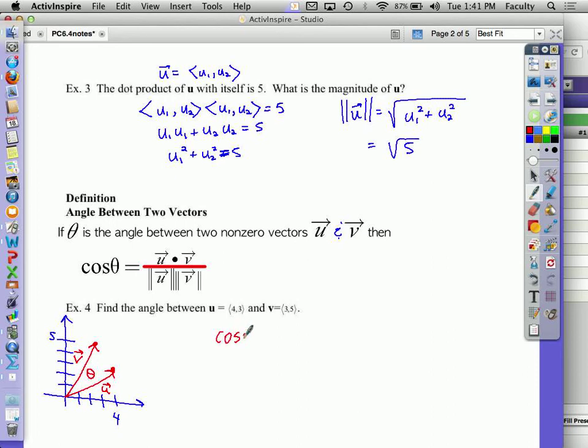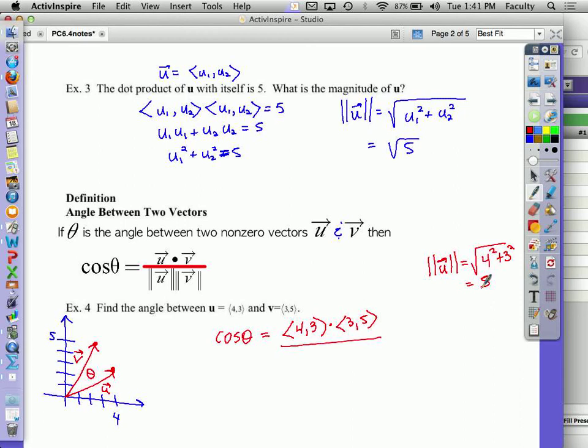So the cosine of theta, according to this formula, is the dot product divided by the product of their magnitudes. So off to the side, you want to go figure out their magnitudes. The magnitude of vector u would be the square root of 4 squared plus 3 squared.